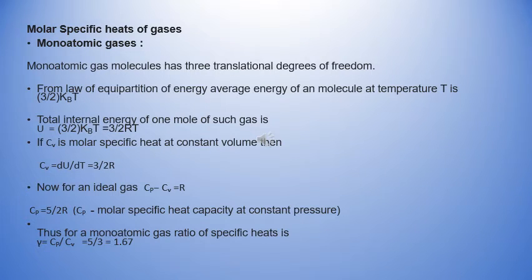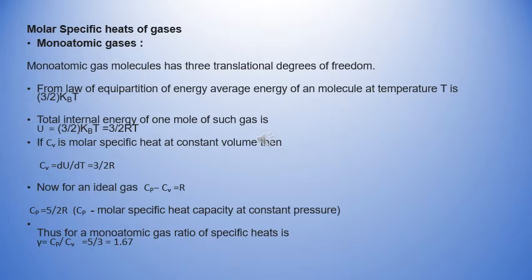Using the law of equipartition of energy, we can calculate the value of molar specific heat of gas at constant pressure, constant volume, and gamma, which is defined as the ratio of the molar specific heat at constant pressure to that at constant volume. Now let us see how to calculate Cp and Cv, that is the molar specific heat at constant pressure and volume respectively, for a monoatomic gas.